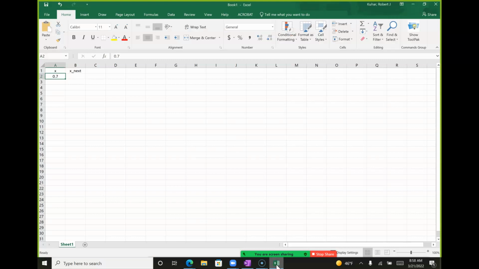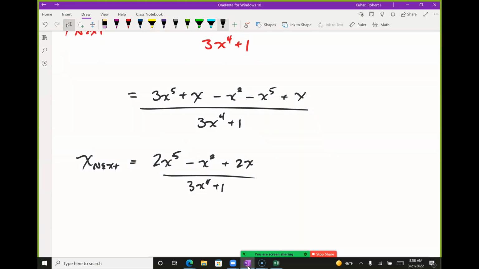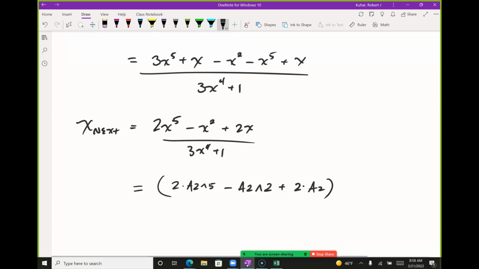Okay, so now watch how I type this. Notice I have a fraction, so I need my numerator multi-term in parentheses. As I'm typing this into Excel, I want parentheses 2 times A2 to the 5th minus A2 to the 2nd, using the caret, plus 2 times A2, close parenthesis, divide by parenthesis 3 times A2 to the 4th plus 1, close parenthesis.